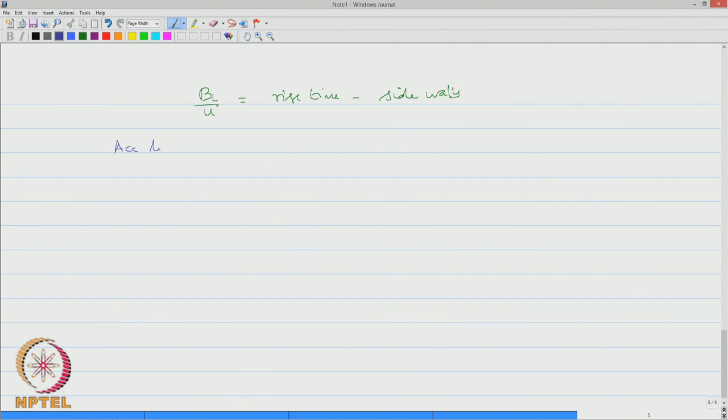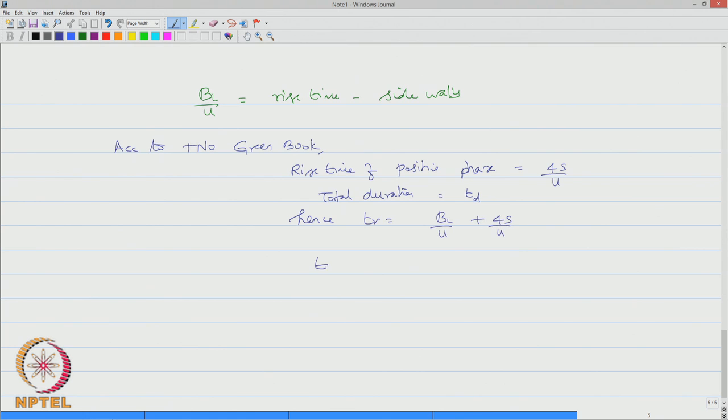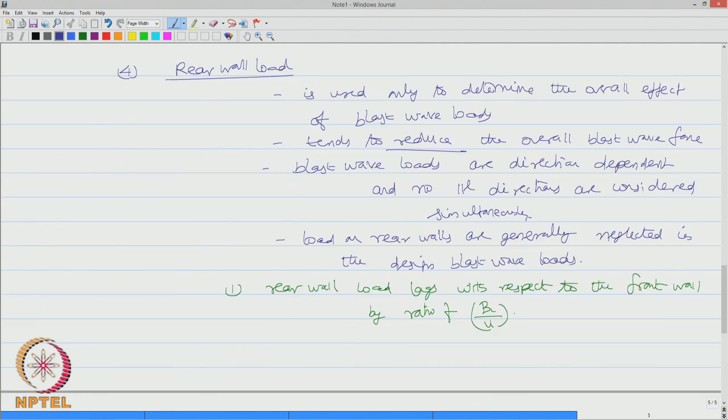So, according to the TNO Green Book, the rise time of the positive phase will be 4S by U. The total duration will be considered as Td and hence Tr is actually BL by U plus 4S by U, and T0 will be TR plus TD. I call this equation number 5.